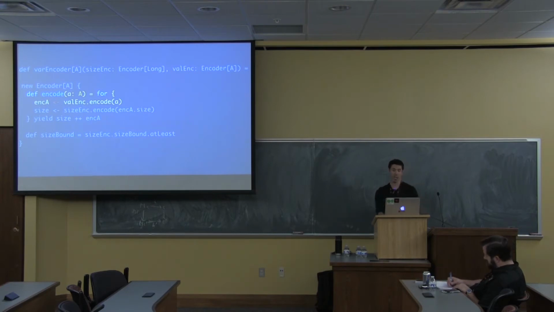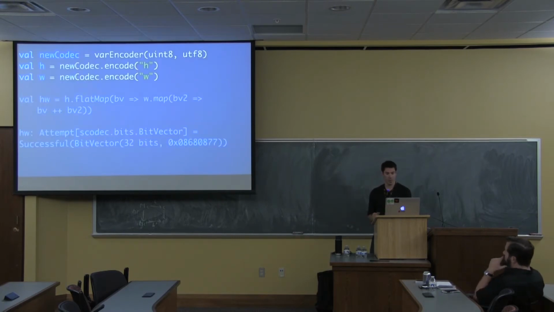We're going to get a bit vector, encA. Then we're going to encode the size of that bit vector and get another bit vector. So size is a bit vector itself that represents how long encA is in bits. And then we're going to add those bit vectors together, so it's prefixed by the size in bits.